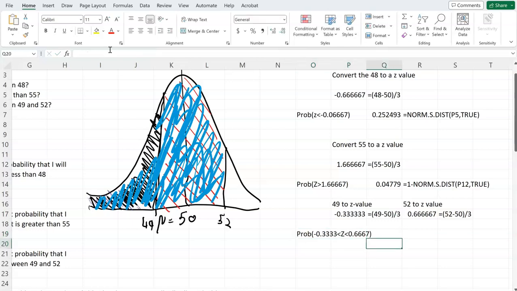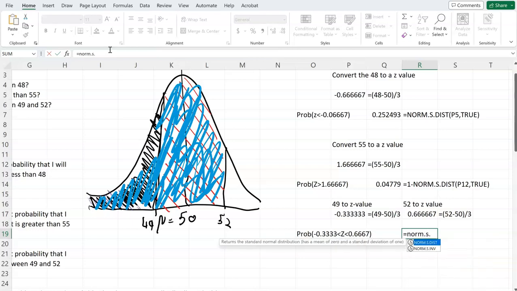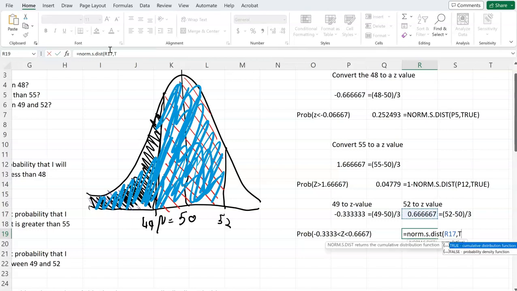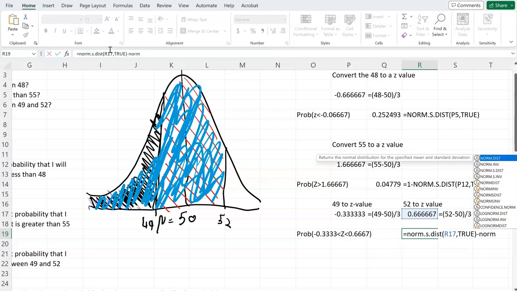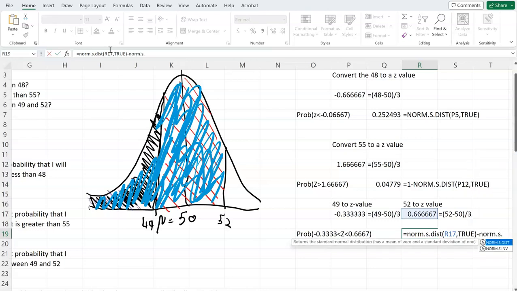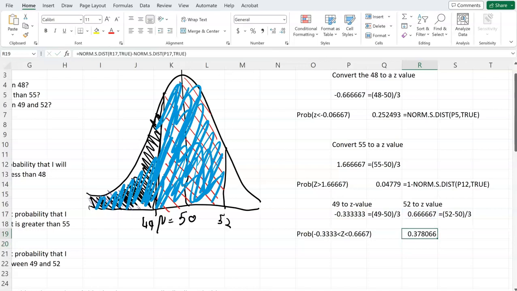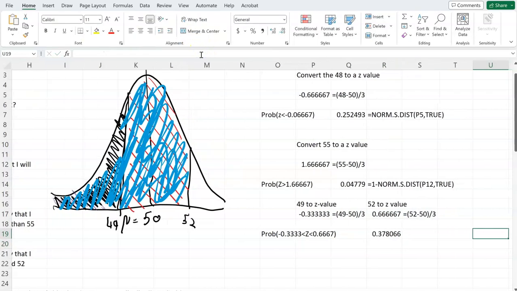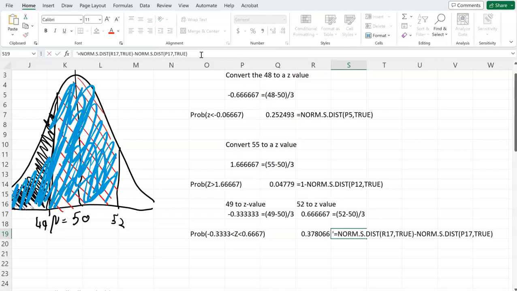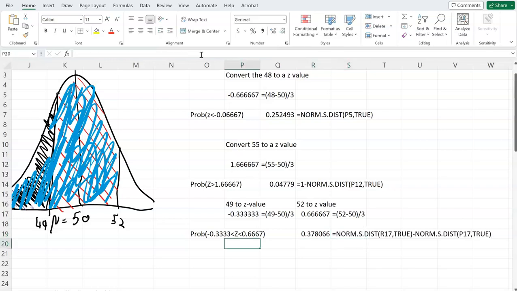And you would just do what we did before, which is norm.s.dist, the z-value is that, and cumulative is true, minus norm.s.dist, where the z-value is this value, and it is true. And we get 0.378.